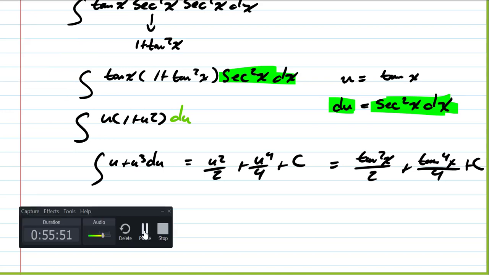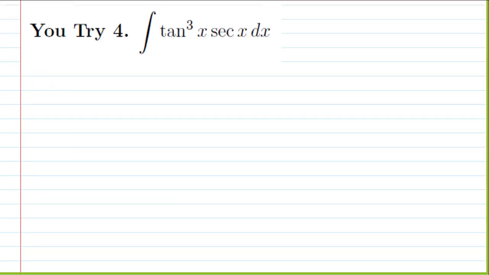My apologies. So to integrate this, the first thing we're going to do is rewrite tangent cubed x as tangent squared x times tangent x secant x dx.